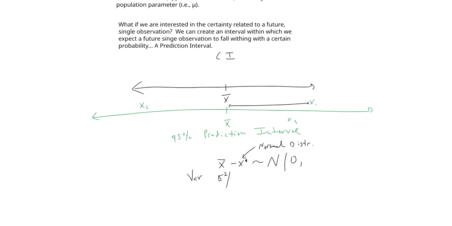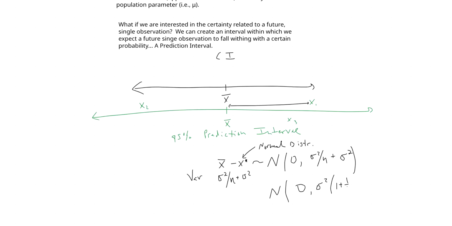We're adding those because in a linear combination, you add the variability, or add the variances. So a normal distribution with variance sigma squared over n plus sigma squared. If we factor the sigma squared out, we get sigma squared times (1 plus 1 over n).